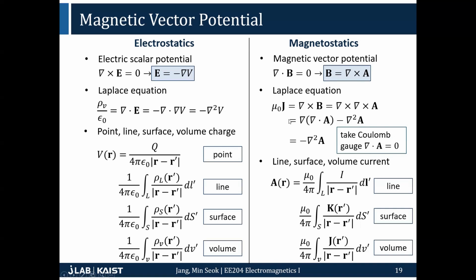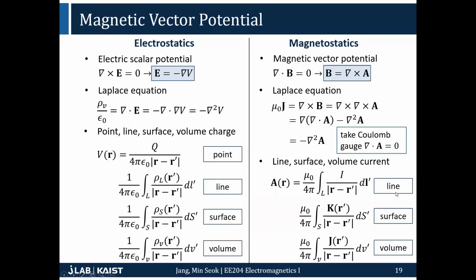Then the equation for the vector potential A is exactly the same as the Laplace equation, right? So because the mathematical form of these two equations is exactly the same, the solutions are also exactly the same.